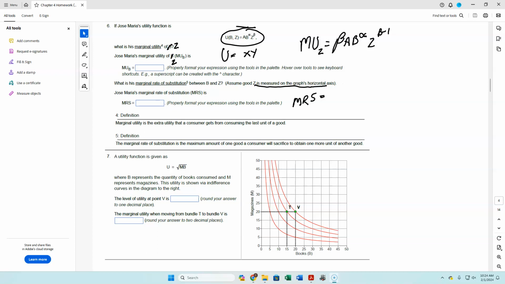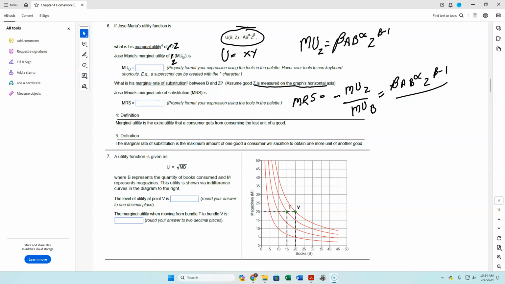B is forming the essence of our X variable, which then in essence gives us the marginal utility of the two, which we know the MUZ already because that's actually right here. So it'd be beta A B alpha Z beta minus 1.